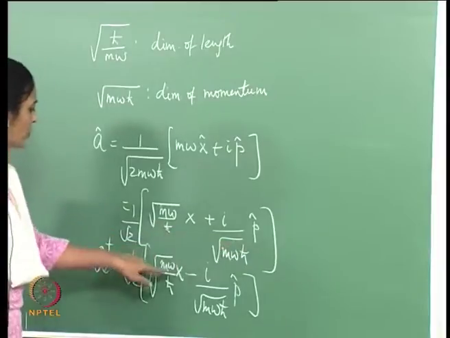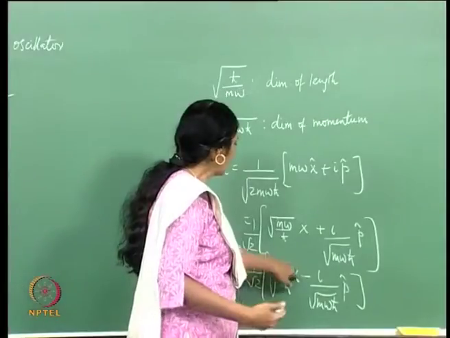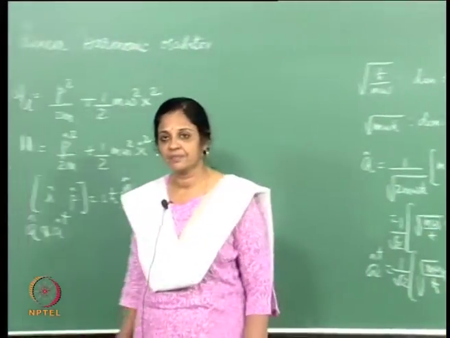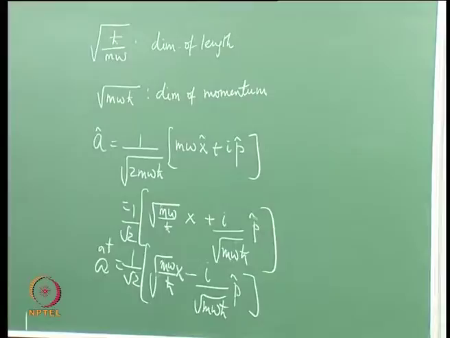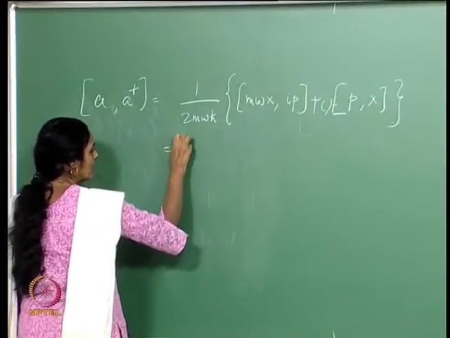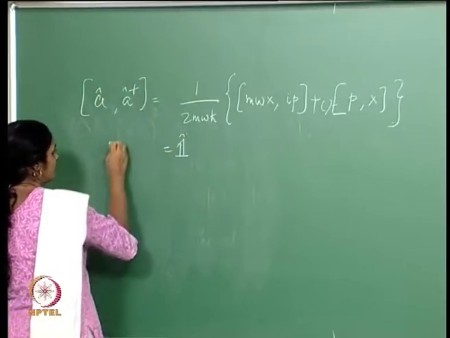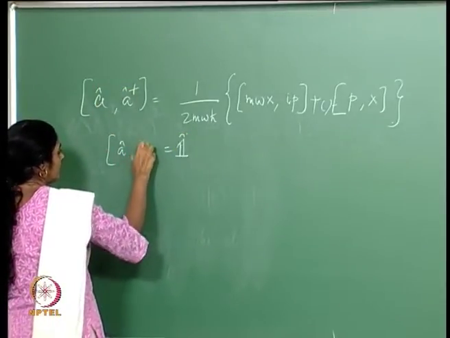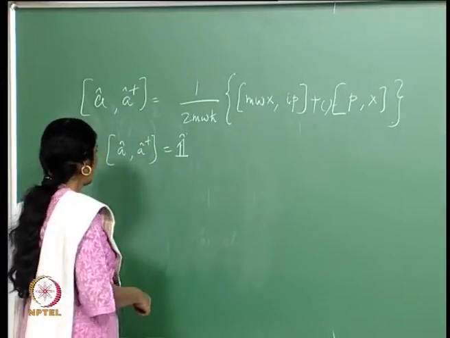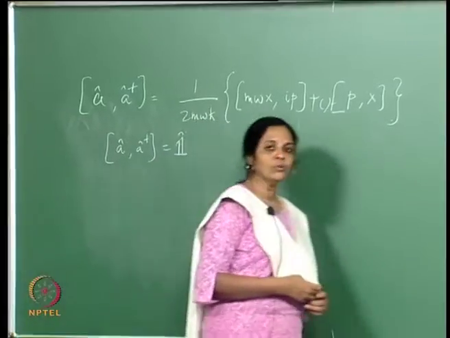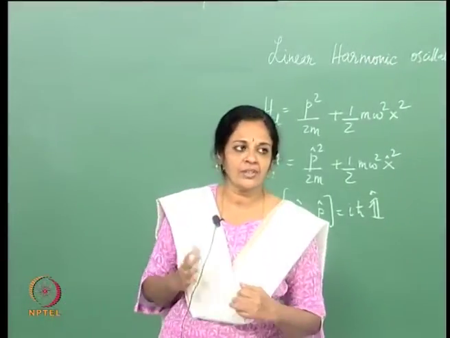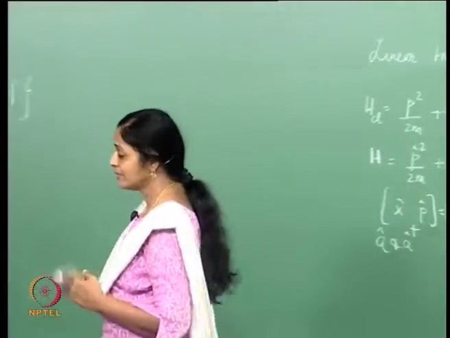Similarly, the commutator of p with x will give me minus i h cross apart from these constants. The commutator of p with p is 0. And that is how I get the commutator of A with A dagger is 1. By 1 I mean the identity operator. So, I could have written commutator xp is i h cross times identity, or I could have written commutator A, A dagger is equal to 1.